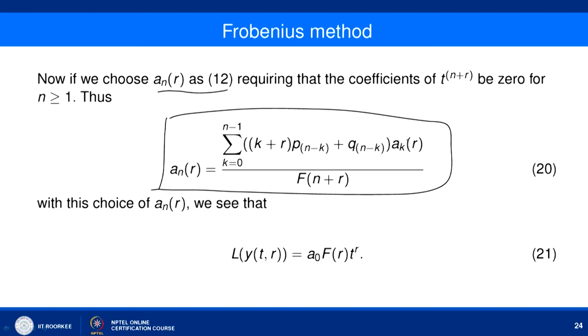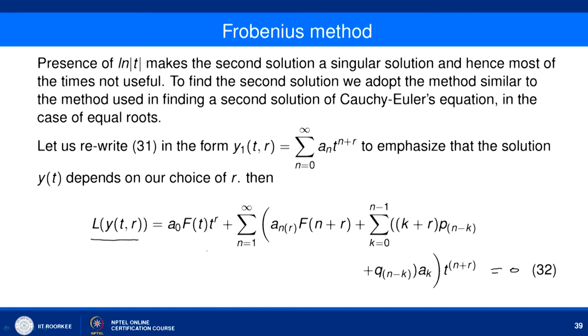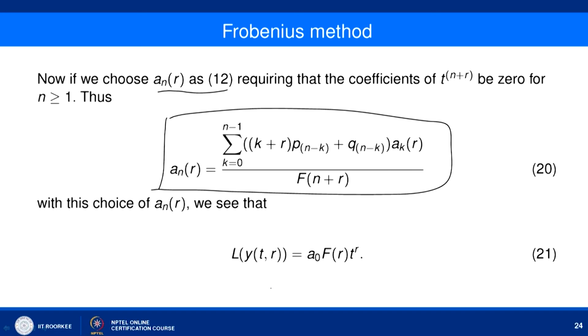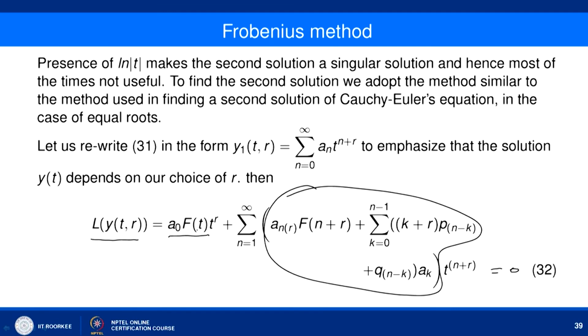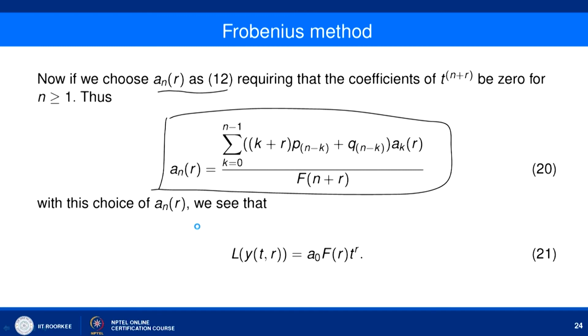When we choose the coefficients a_n like this, then L y is simplified to a_0 F(r) t to the power r, because we have taken a_n in a way such that the remaining expression is 0. So, there is a small correction here: it is F(r) t^r.